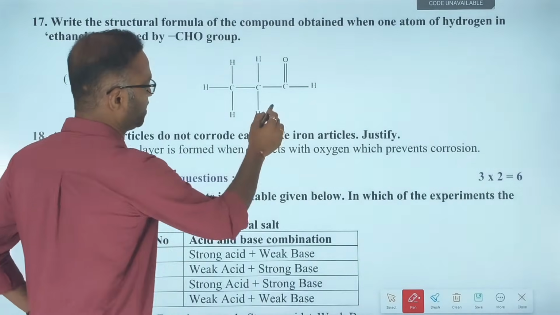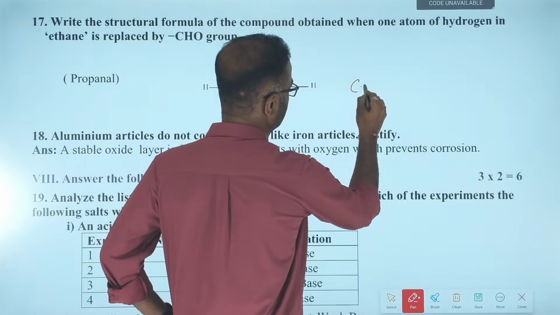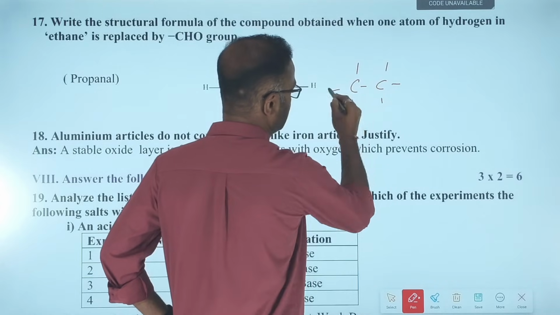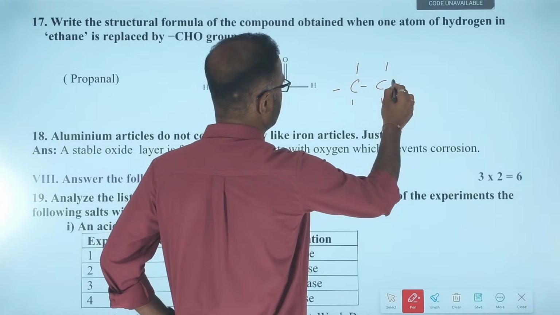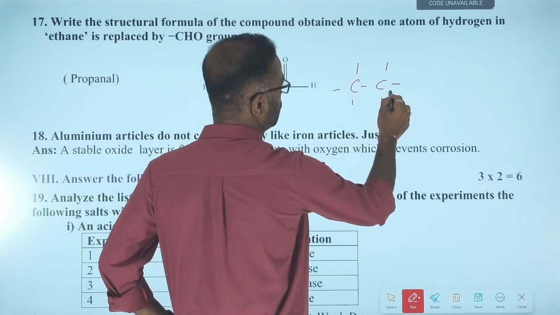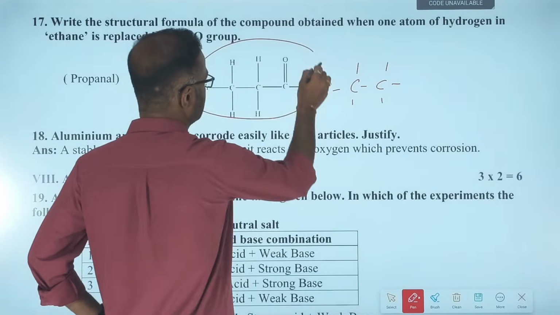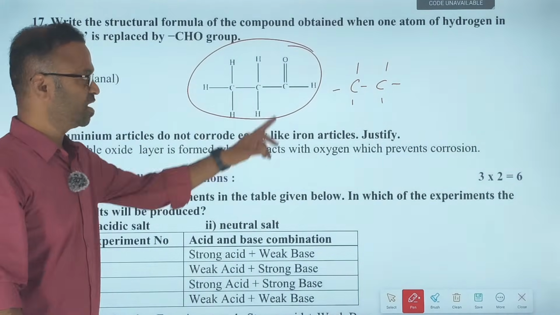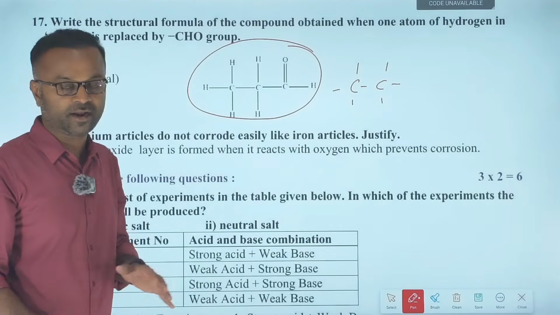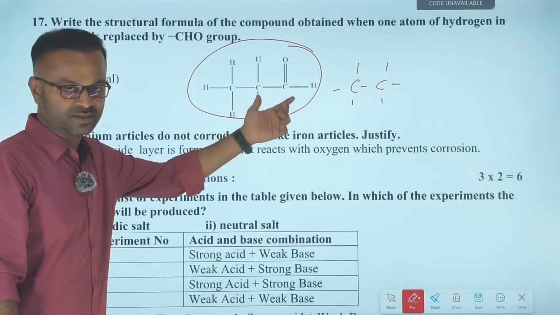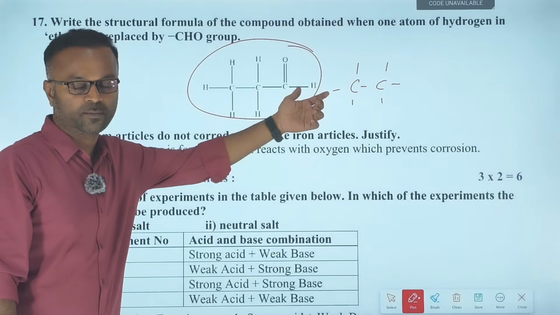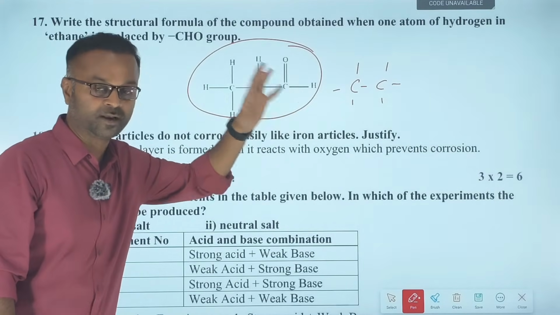Now this is the ethane. Out of this, one hydrogen is replaced by the CHO group. So that will be this one. The CHO group is added to the terminal end. This is the aldehyde group which has been attached, that is the CHO group: C double bond O and C single bond H on the terminal part.